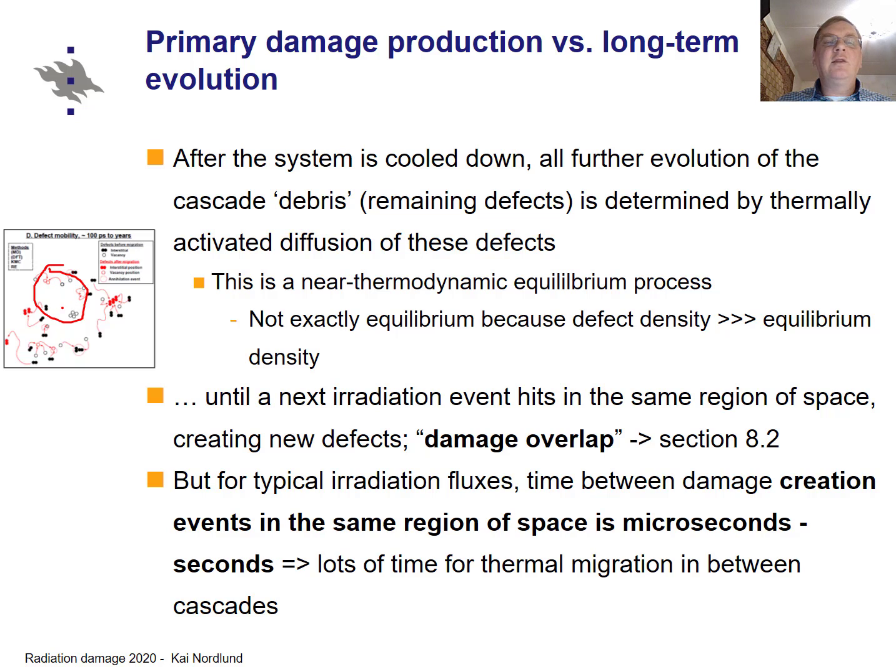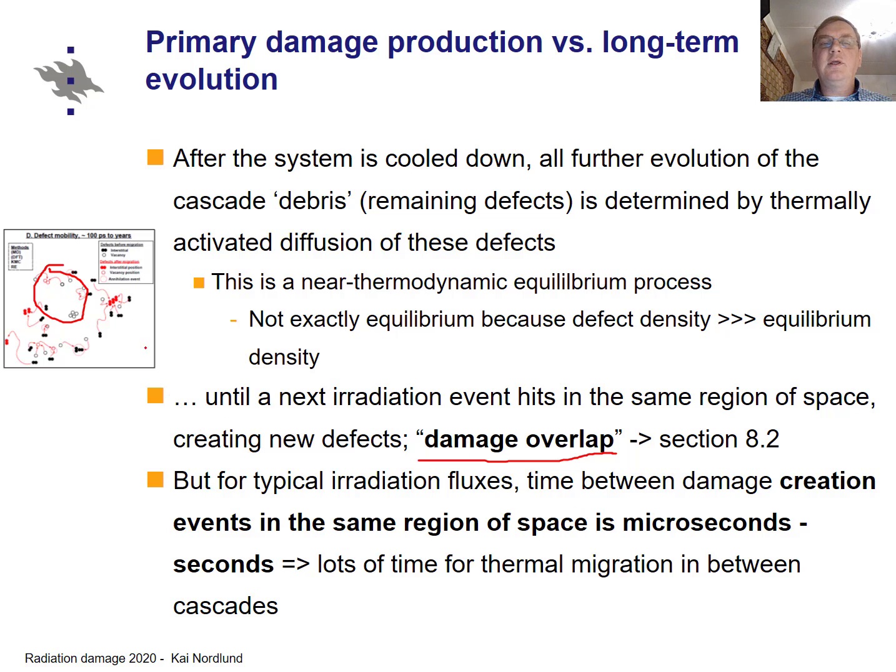Then one will create new defects here, and these new defects may obviously be affected by what defects already existed there, but they can also recombine the pre-existing defects. This effect of new cascades overlapping regions with previous damage is called damage overlap. This will also be discussed in this section of the lecture notes to some degree of detail.